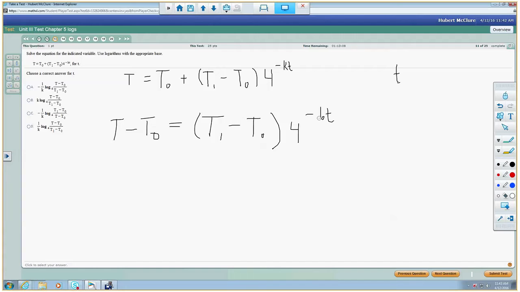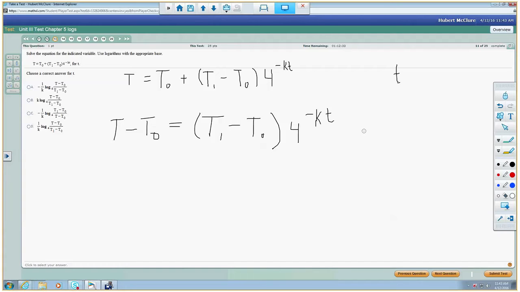Now actually I can divide by something else. What else can I divide by? 4? Nope. What else can I divide by? Look at what you're solving for. What are you solving for? Somebody tell me. Little t. So what do you not need? Not that one yet.